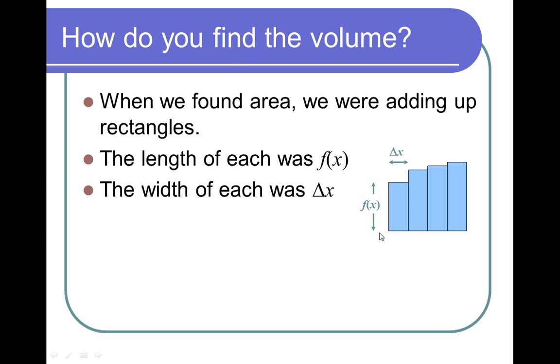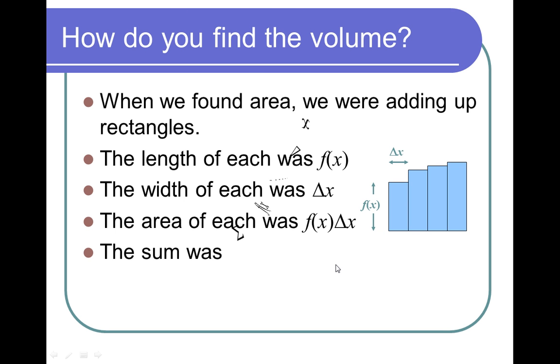The width was some delta x, some small change in x. So the area of each rectangle was those two things multiplied together, f of x times delta x. Then we add all of those rectangles up, so we're adding together a bunch of f of x's times delta x's, and that would be the sum of the area of these rectangles.